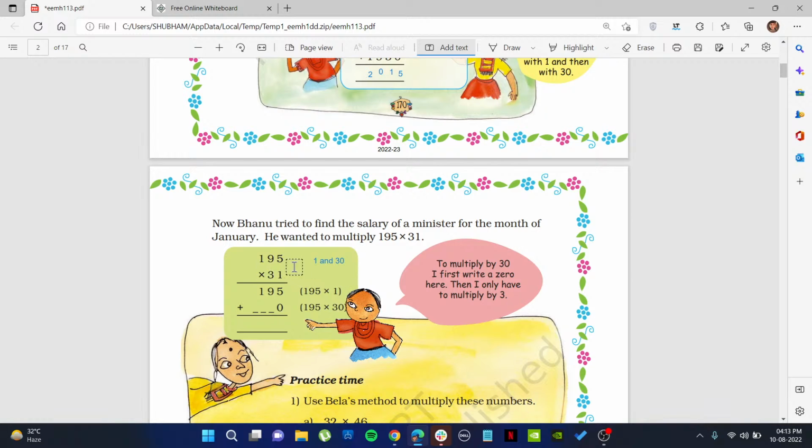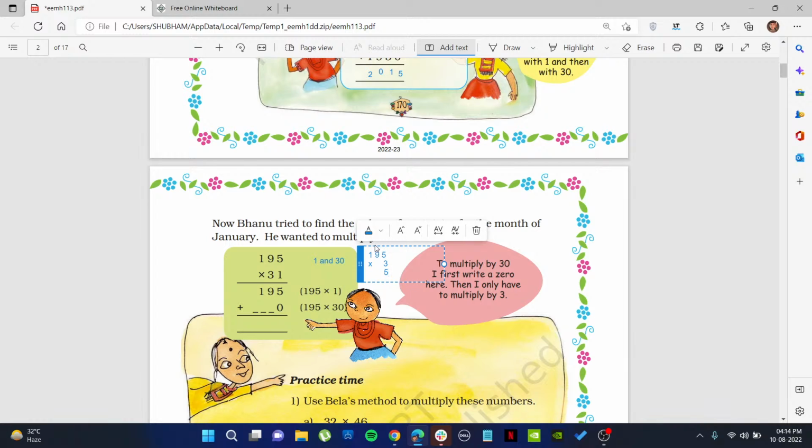So if we multiply 195 with this 30, for sure the last number would be 0. This is because we can see there is a 0 in 30. So we need to find out the remaining 3 numbers, and how we can figure it out? By multiplying 195 with this 3. So 3 times 5 gives us 15.